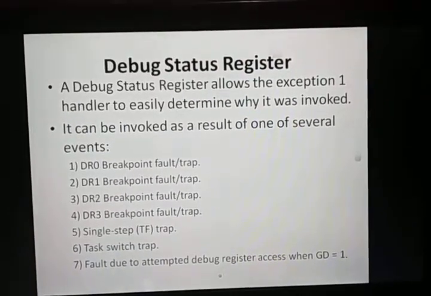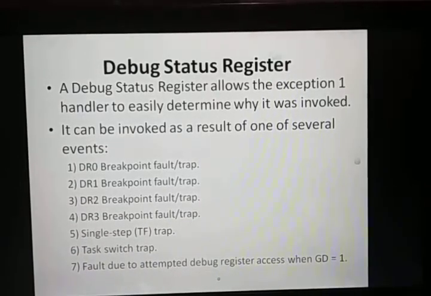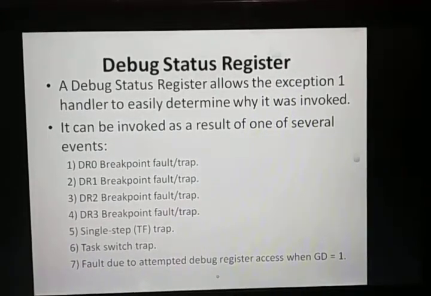Then the debug status register. A debug status register allows the exception 1 handler to easily determine why it was invoked.